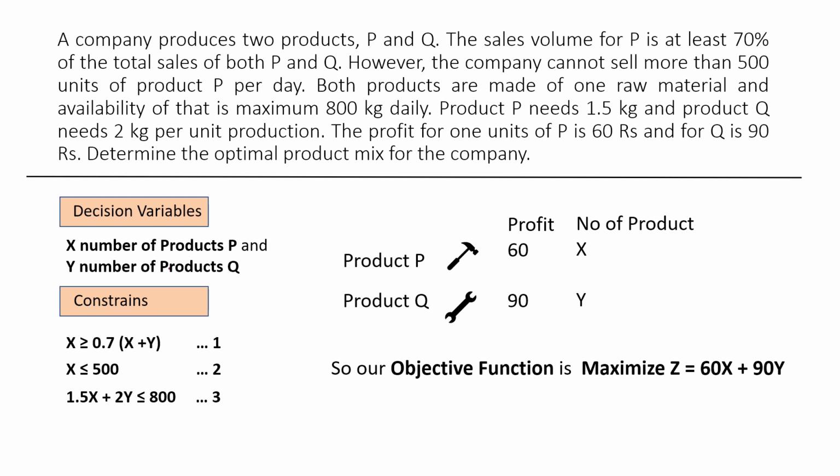So we are saying that our function is Z, where Z is equal to 60 times X plus 90 times Y, and ahead of Z we are writing maximize, as we know that whenever we are calculating the profit, the maximum profit we get is good for the company. So with something like profit, having the maximum is the better criterion, so we write maximize the Z.